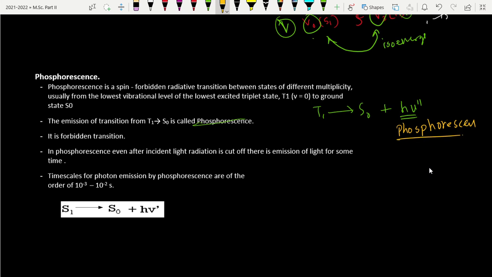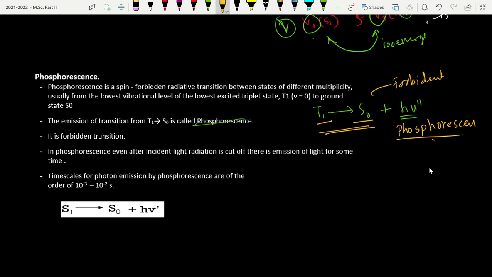So the emission transition from T1 to S0 is always phosphorescence. It is a forbidden transition again, because the transition is not taking place within the same multiplicity. This is a forbidden transition, but it occurs because the electrons do not always stay in the excited state; there is scope for the electrons to come down to the ground state.